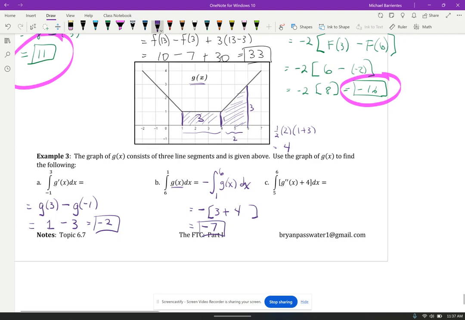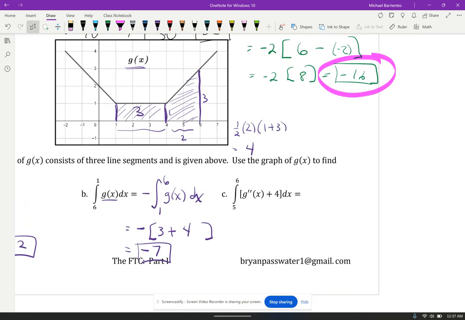As we get to letter 6, we notice letter 6 has 2 terms in the integrand. So I'm going to split it up. We're going to take the integral from 5 to 6 of g double prime x dx, plus, my bad, this should not be subtraction, this should be addition, the integral from 5 to 6 of 4 dx.